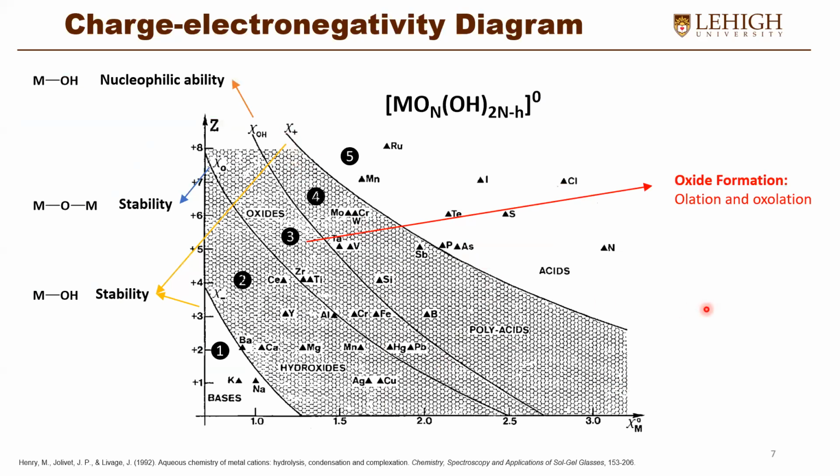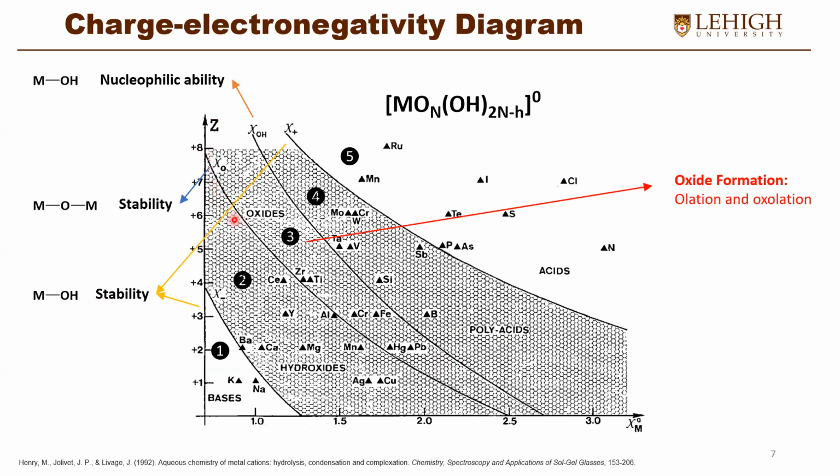And these two lines mean the stability of the metal hydroxyl ligand. If they fall in the white area, that means this hydroxyl ligand is not stable. There will be continued protonation or deprotonation.